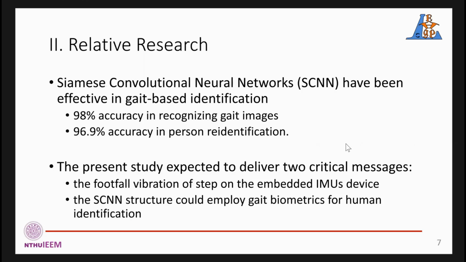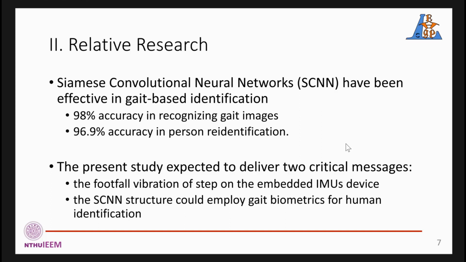For us, we think gait is time series data, so we move to the SCNN, which has been used for gait-based identification. Using image-based input, it reached 98% for recognition, and for person identification it reached 96.9% accuracy.